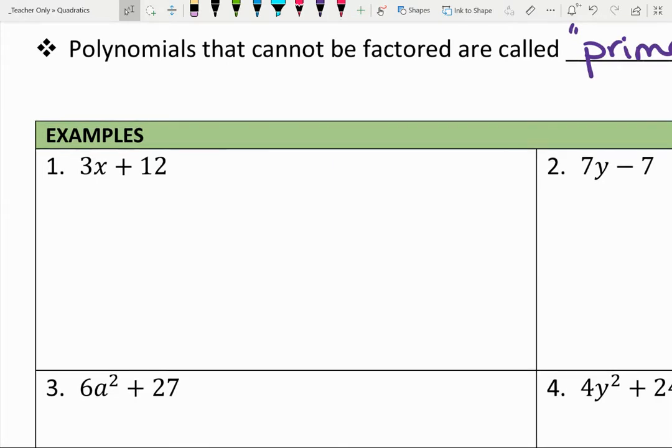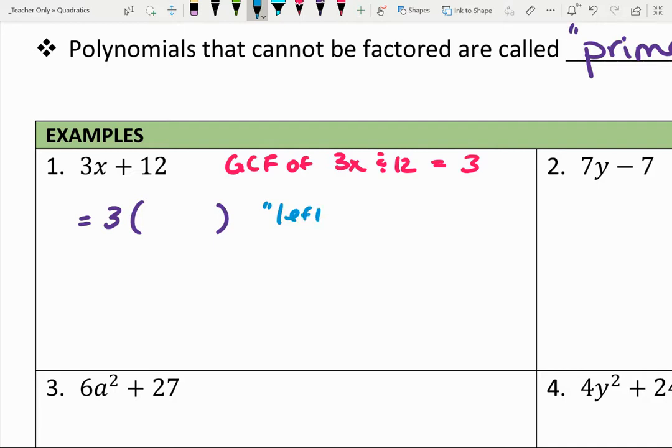So our first example, 3x plus 12. I'm going to start by thinking about the GCF of 3x and 12. Well, 3 goes into both 3x and 12, and then the x is not common to either of them. So our greatest common factor is 3. Now, I take my greatest common factor out, and then I open a set of parentheses, and what goes inside of these parentheses is kind of like the leftovers.